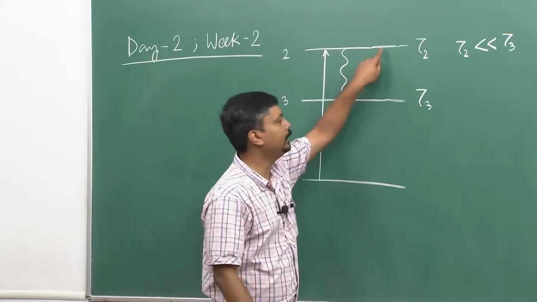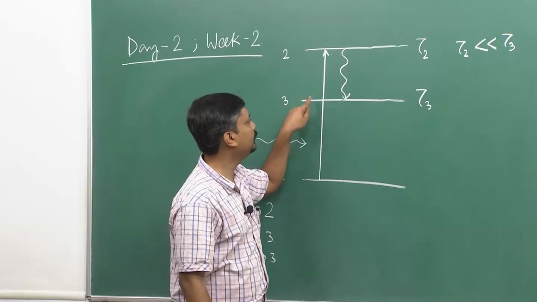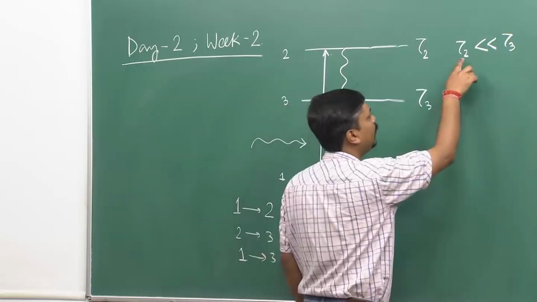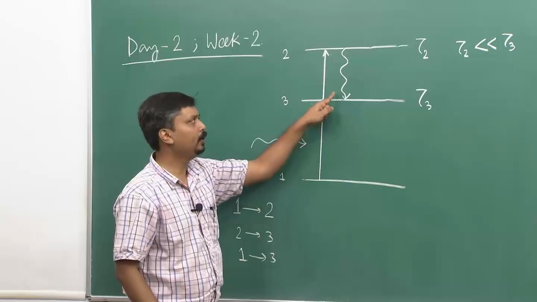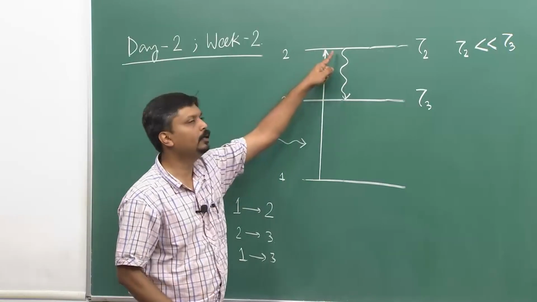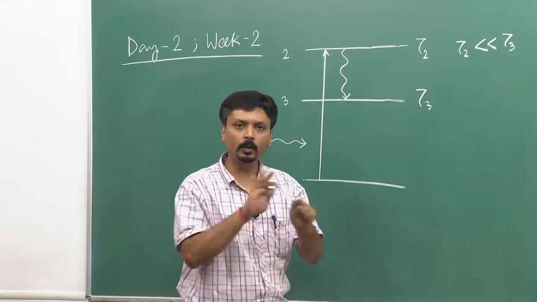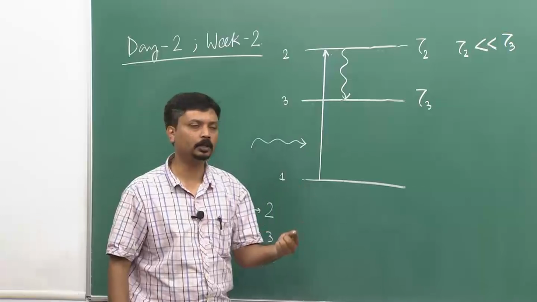It means state 2 is very short lived, whereas state 3 is long lived. So, under that condition it will decay non-radiatively. I am assuming that it decays down here non-radiatively, with no radiative decay, because radiative decay will complicate the process.